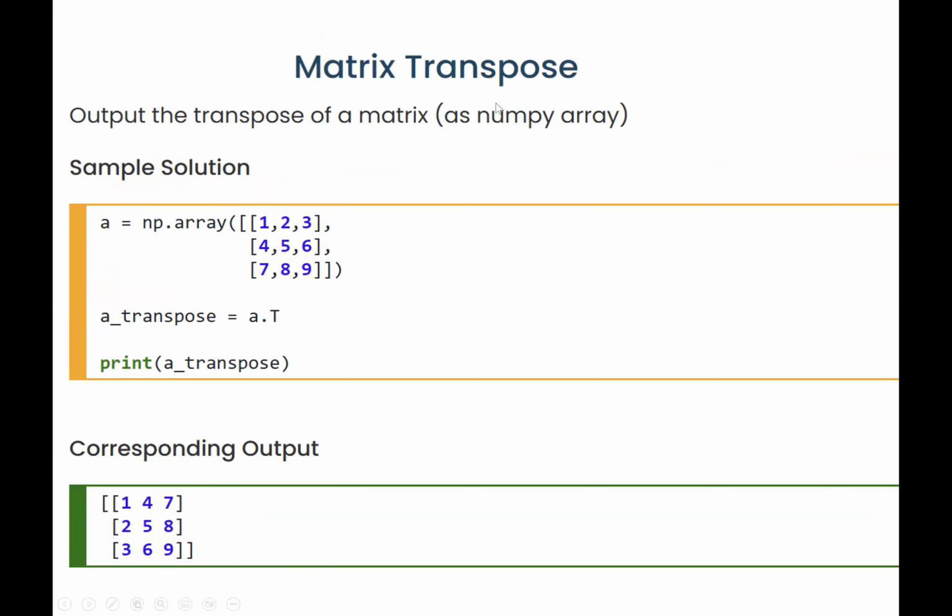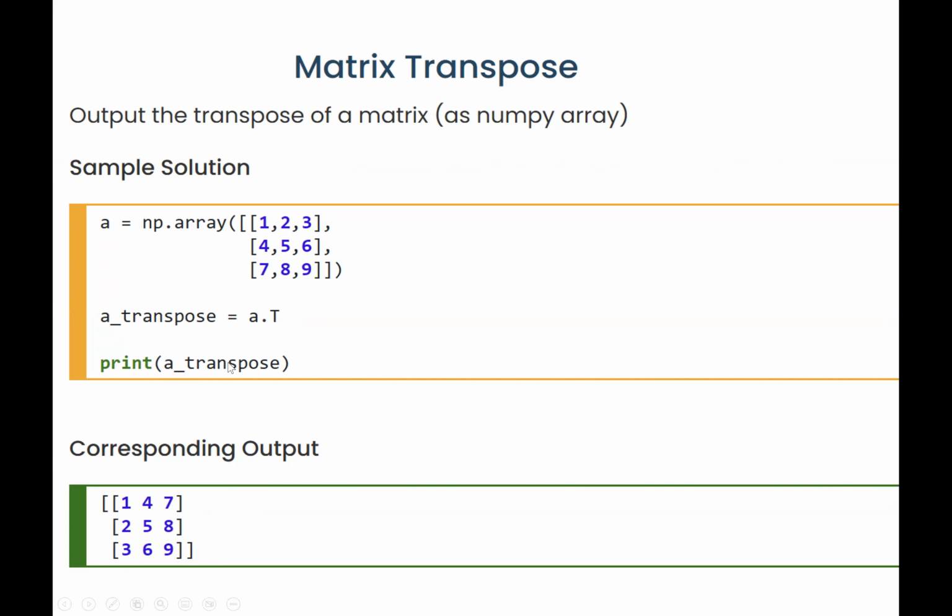Next is the matrix transpose. Again, in the lectures, we said to transpose a matrix is to change rows to columns. So here we have a matrix. Again, we put the content in A. We have the matrix 1, 2, 3, 4, 5, 6, 7, 8, 9, 3 by 3. And we are going to transpose it. We use A.T. Then we put the content in a memory location named A_transpose.